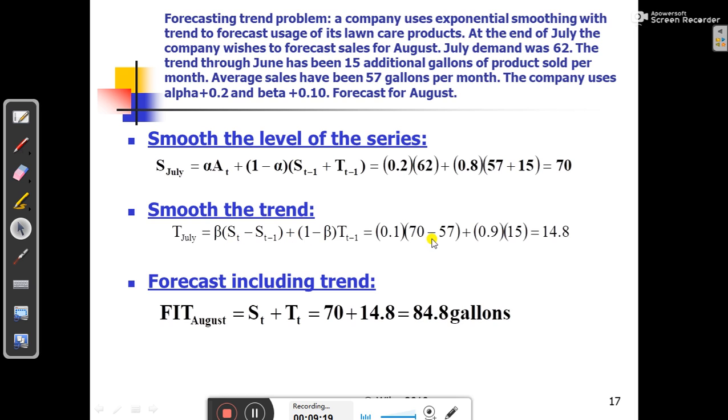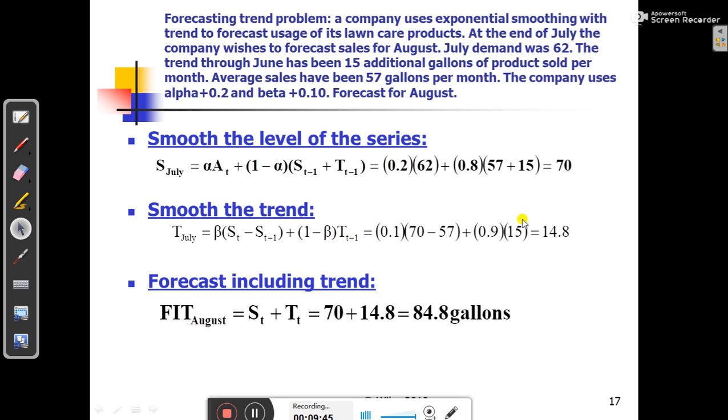So 70 minus 57, and then into beta, that is to smooth the trend. Then 1 minus beta, the complement of beta, into the trend. We need to smooth the trend. So 70 minus 57 into 0.1, because beta is given, plus 0.9 into 15.